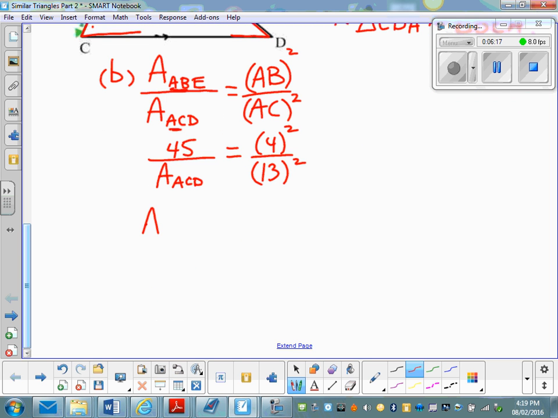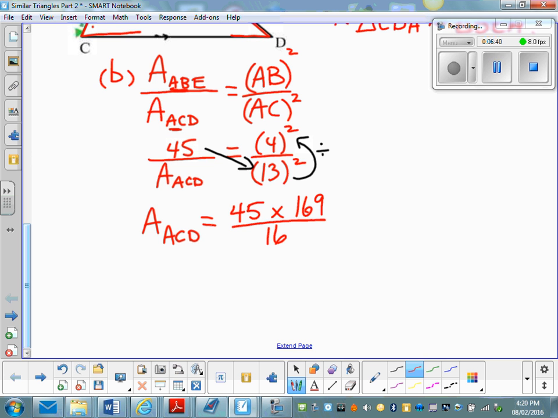So if I want to figure out the area of ACD, I am going to cross multiply the two numbers that I can, and then divide by the other number. So this is going to be 45 times 13 squared is 169, divided by 4 squared is 16.